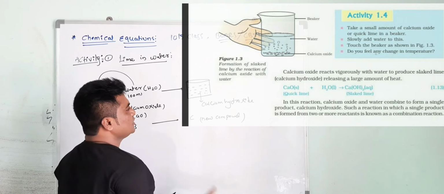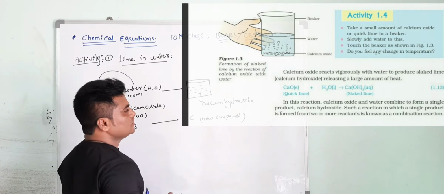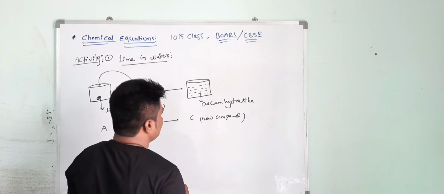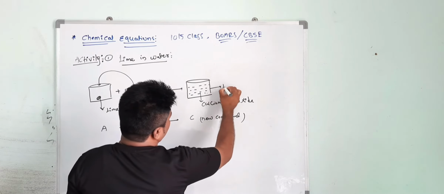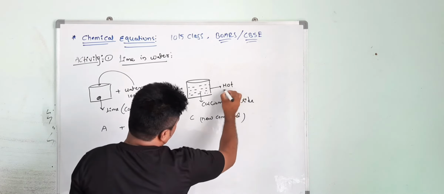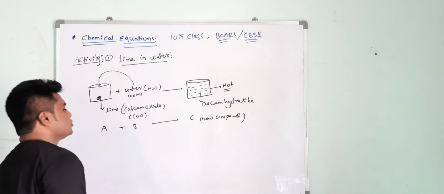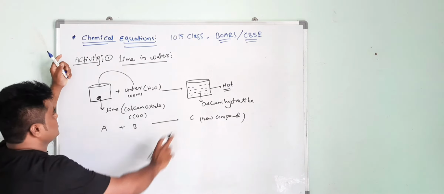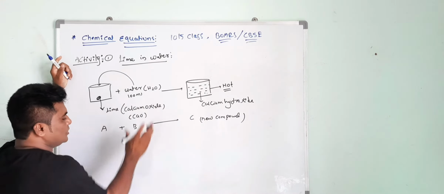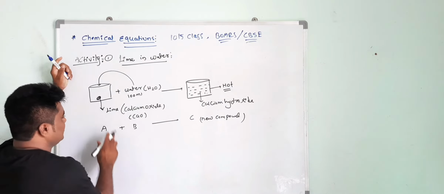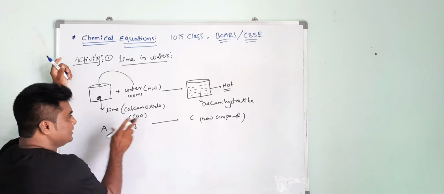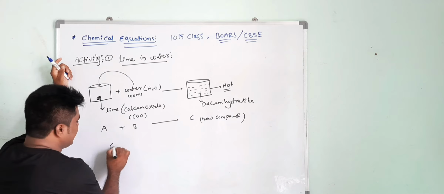Are you getting my point? Because this is an exothermic reaction. Some amount of energy is released. This beaker now becomes hot. So you can represent this reaction in a formula. Since you don't know the formula yet, I am writing in word form.